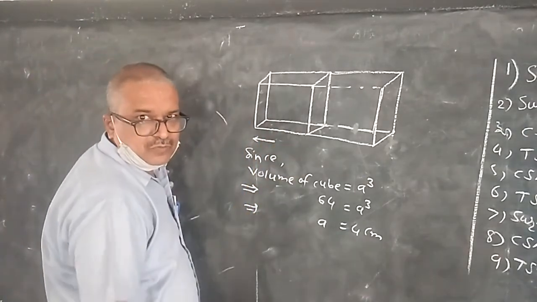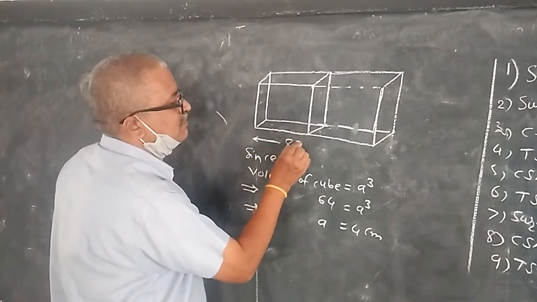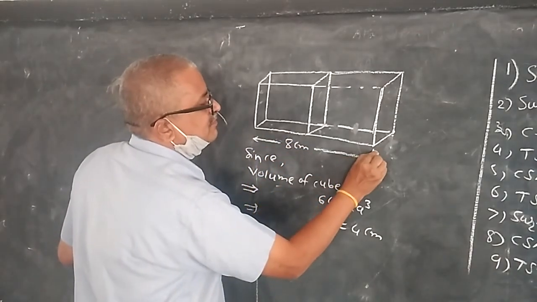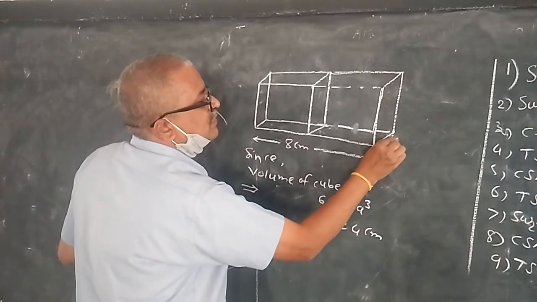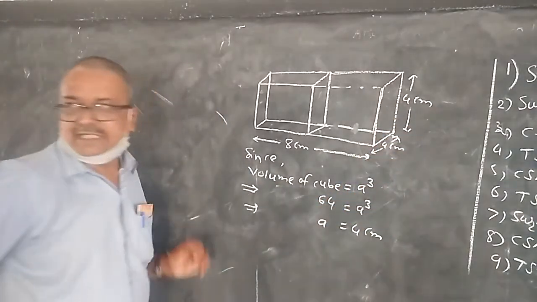After joining two cubes, we get cuboid, whose length is now 4 plus 4, 8. This is breadth 4 and height is also 4 centimeter.